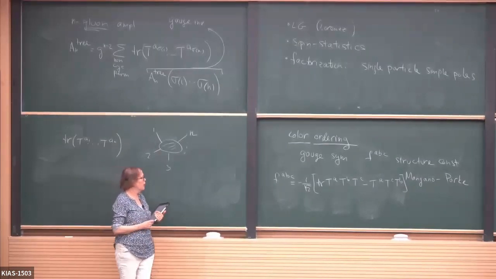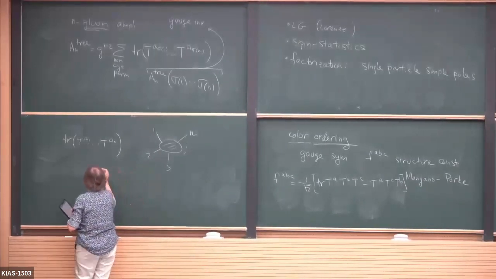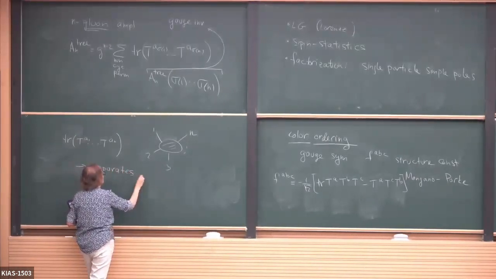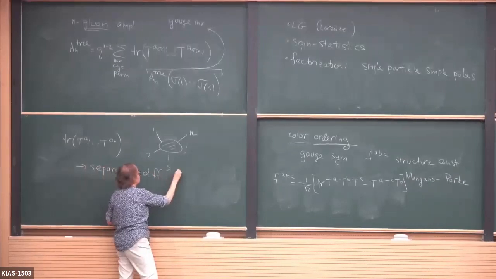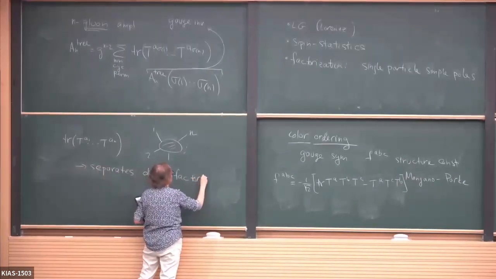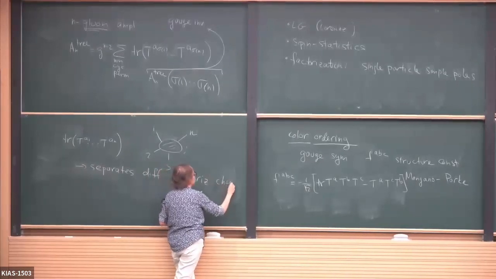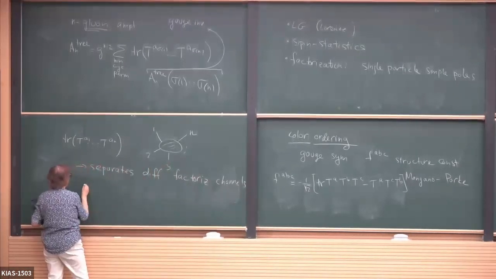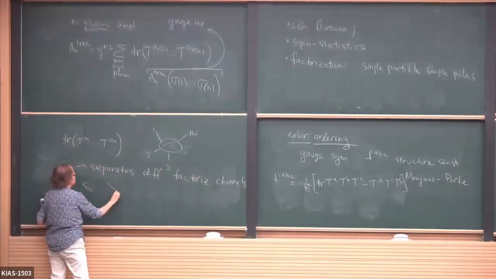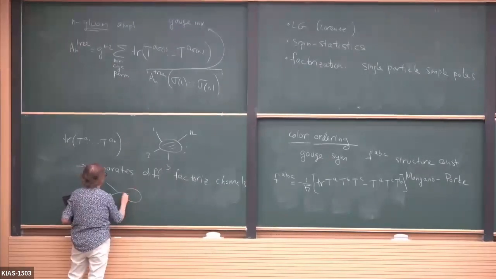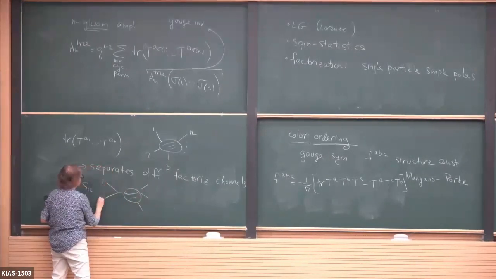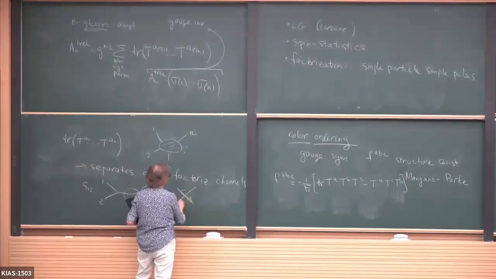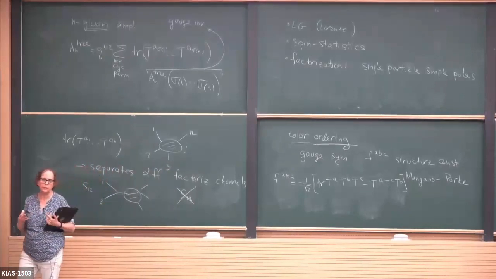And the reason why this is very useful is that it separates the different factorization channels. So for example, in this amplitude, I can have an s_12 pole because I can have something like this. But I don't have an s_13 pole because 1 and 3 are never next to each other.